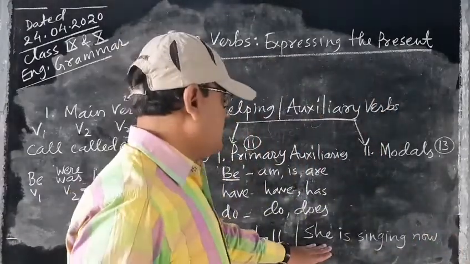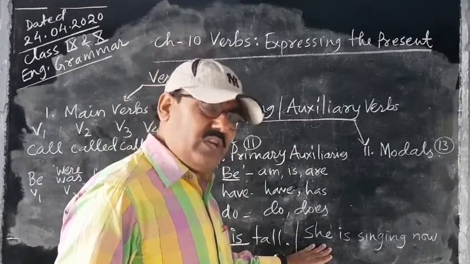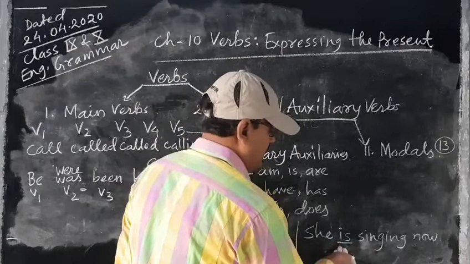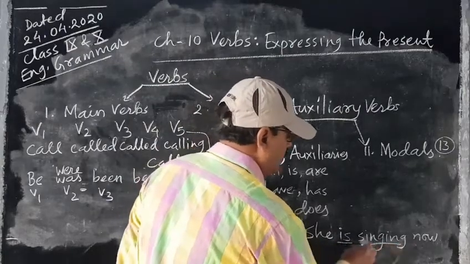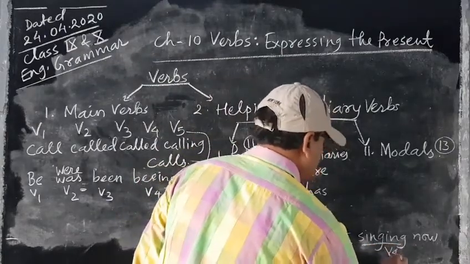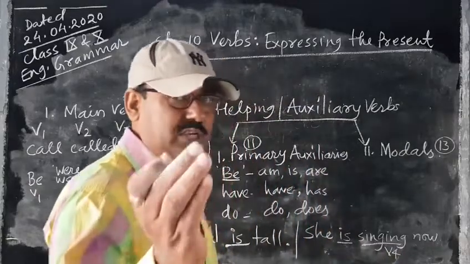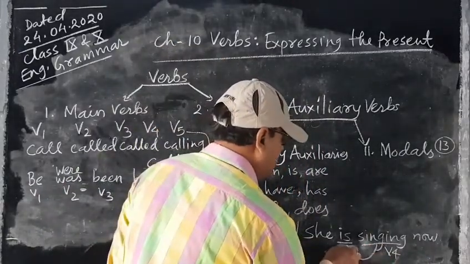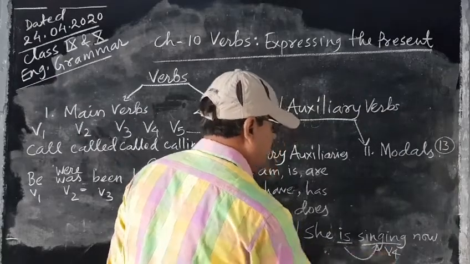Now in this sentence you can see that "is" has come before the V4 form of the verb to sing, singing. So here it has come to help this main verb.